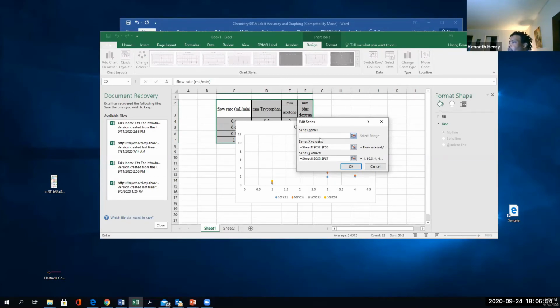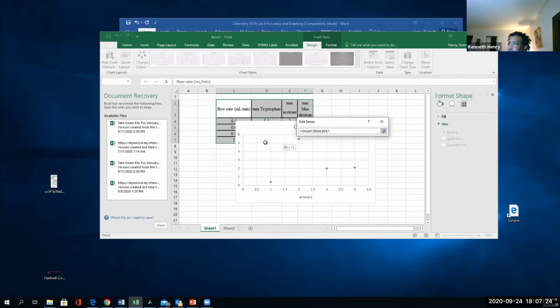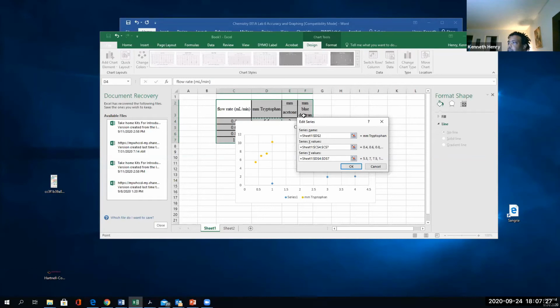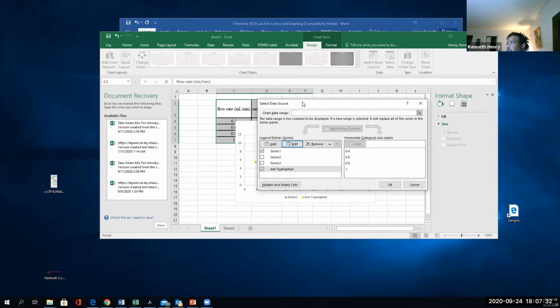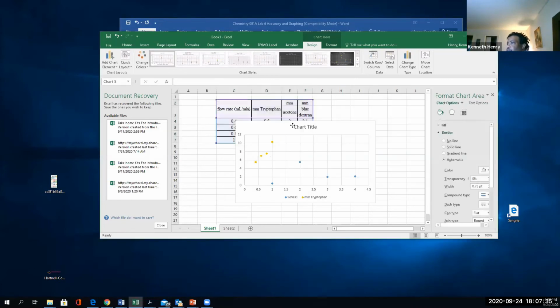The first series that we're going to be looking at is the millimeters of tryptophan. Our x-axis is going to be this first column, and our y-axis is going to be the tryptophan column. Let me fix that.